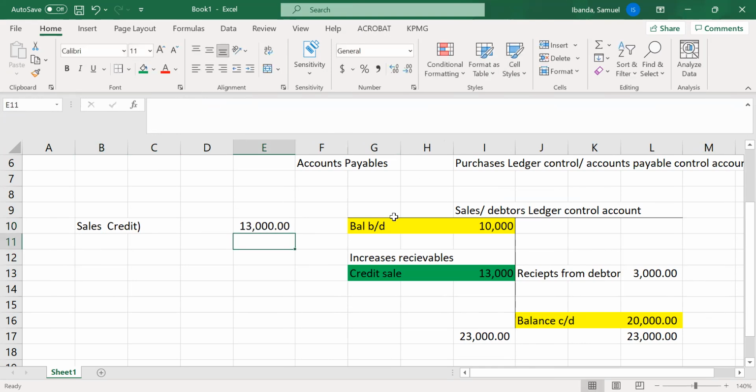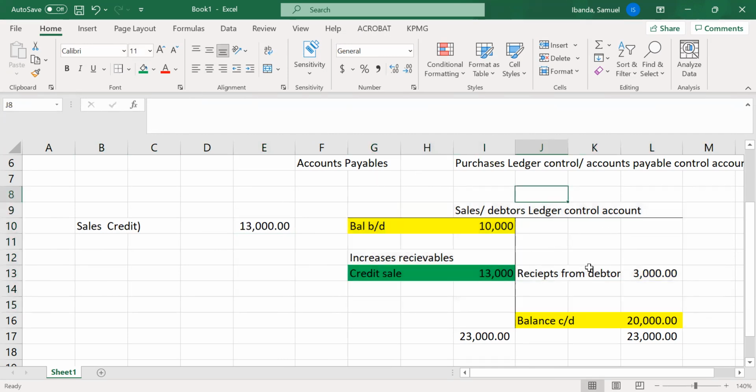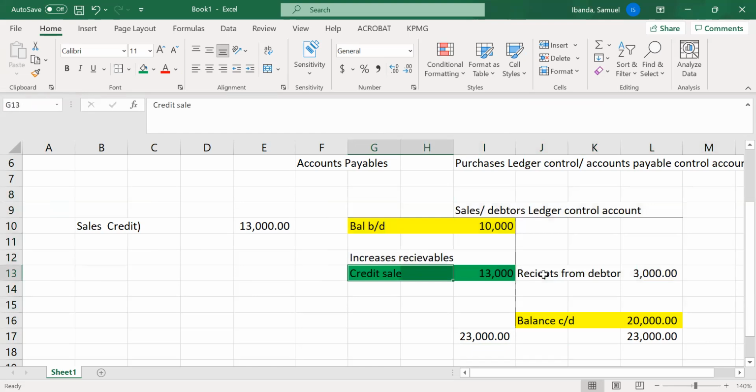And that is the same thing that also happened with the purchases ledger contra account. Mostly what you transfer will be the credit purchases, okay? But like I said, depending on the question, the examiner can give you either this information or this information, and then you find what exactly you're looking for, okay?